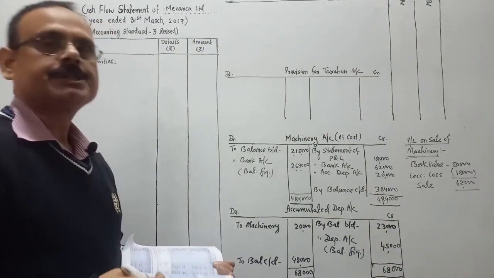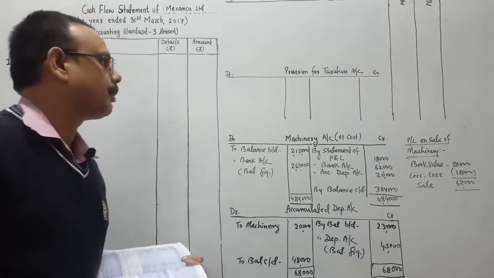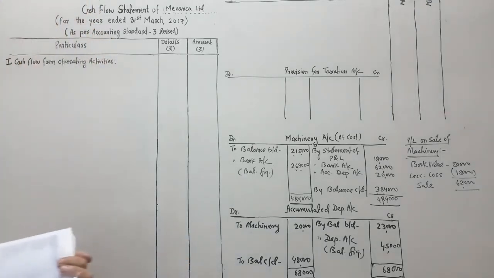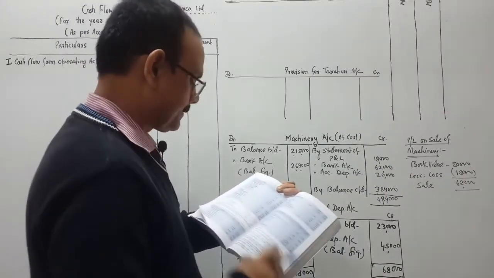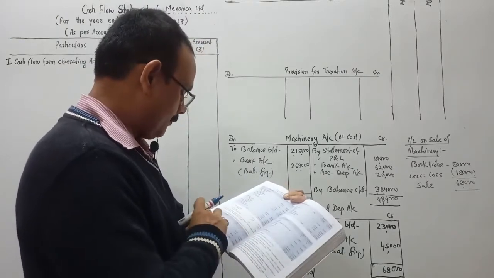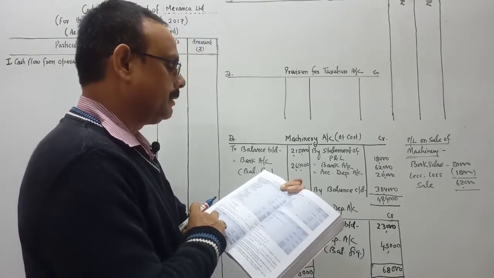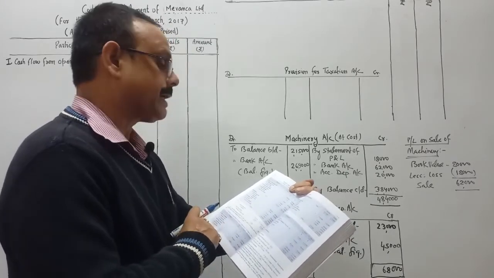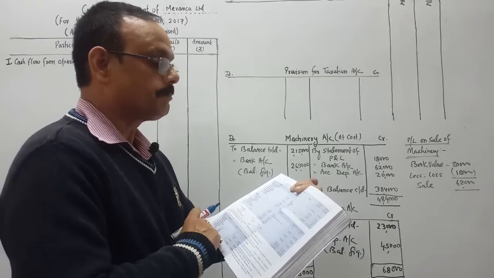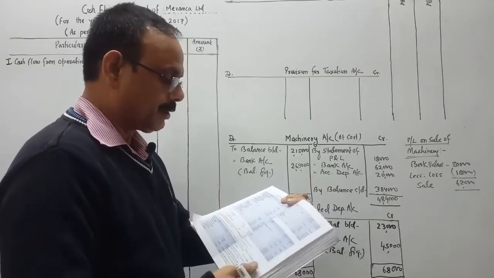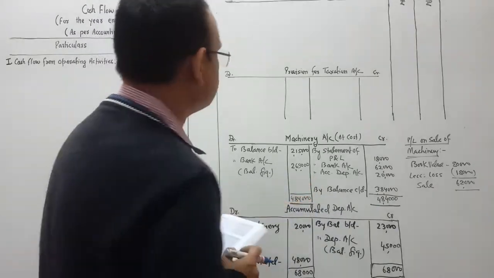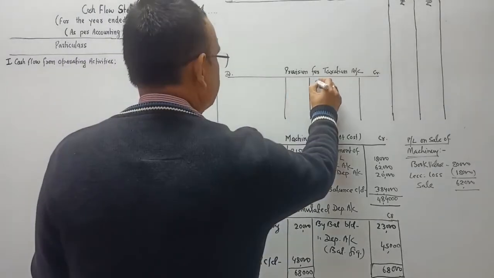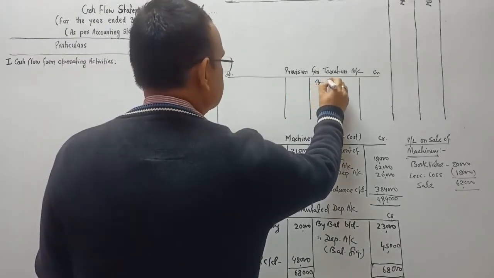Now coming to the next working note that is related to provision for tax. Provision for tax is mentioned on the equity and liability side, short term provision, note number 3. You write the opening balance this side by balance brought down.